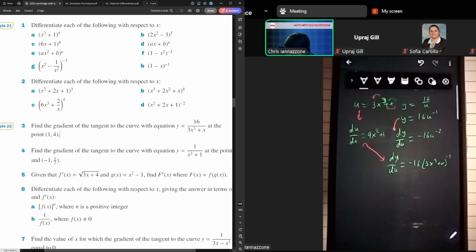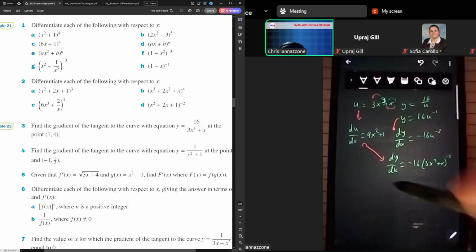One of the things you'll run into if you try to distribute this is you're going down a path of fully expanding rather than fully factorizing. So the recommendation would be to leave it as factors.